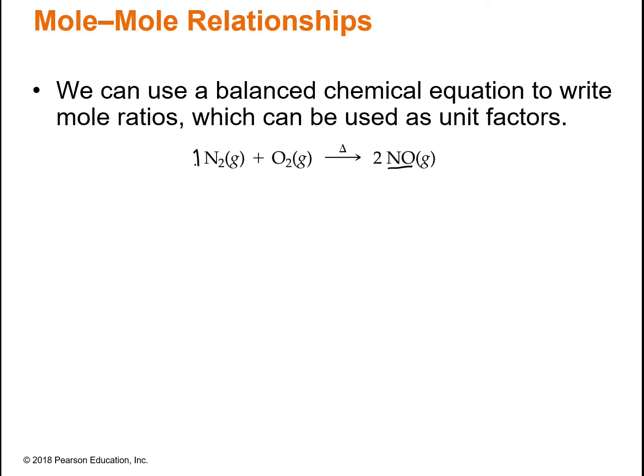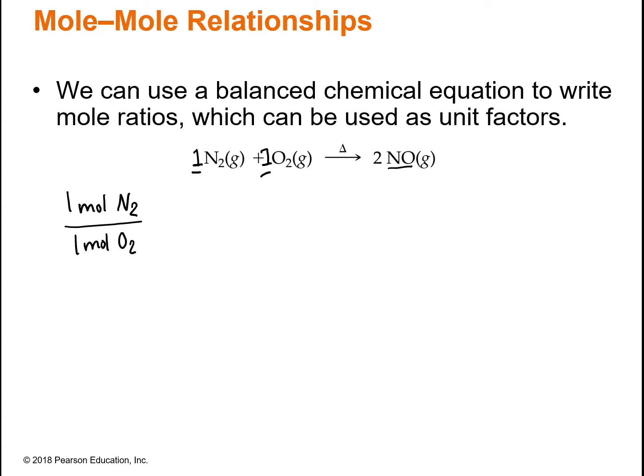Remember, we said that these coefficients can be used to talk about moles. If I have 1 mole of nitrogen gas, then I need 1 mole of oxygen gas to complete the reaction. I just got those exactly from the chemical equation.